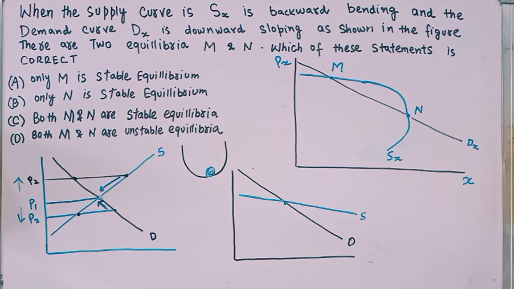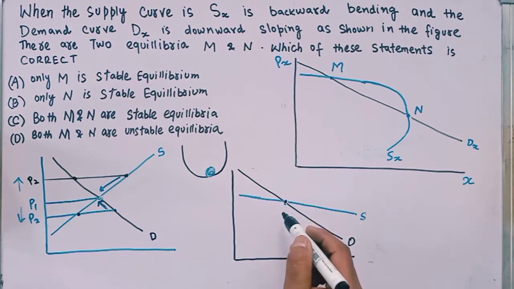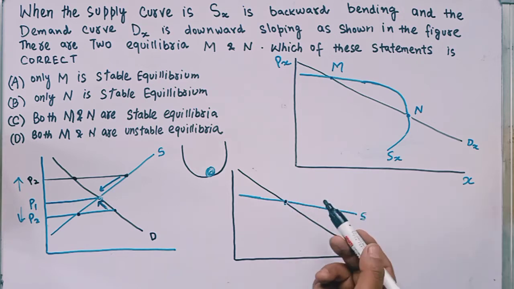We say equilibrium is stable if any deviation from the old equilibrium leads us back to the old equilibrium, so market forces interact in such a way that we are forced to reach the old equilibrium. But if there is any deviation from this point and we are not able to go back to the original equilibrium, we say the equilibrium is unstable.